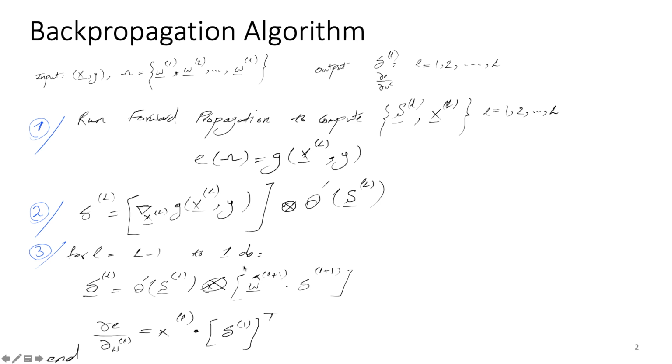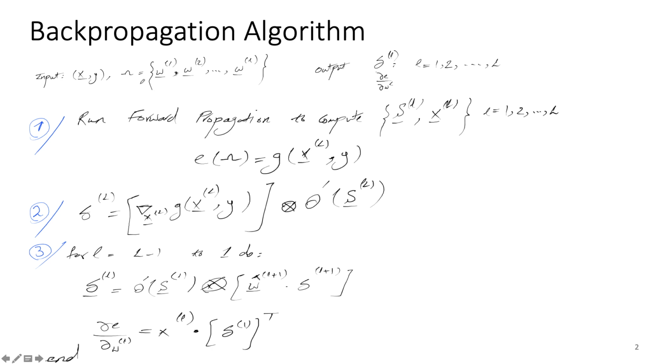We go backward, and at each layer we find the proportion of this delta corresponding to that specific layer using a pointwise multiplication of the activation function prime of your S of L, and this matrix is the current weights with the delta of the upcoming layer, right? Let me just write something.